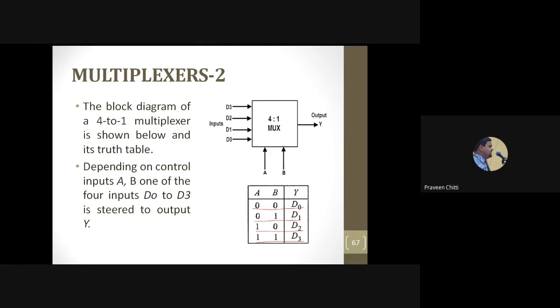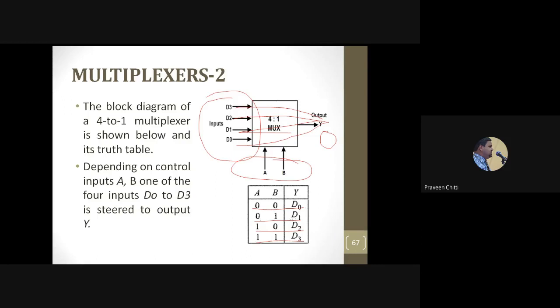That means at any given time, only one of the 4 inputs will be passed to the output depending on the select lines A and B. I hope it is clear.